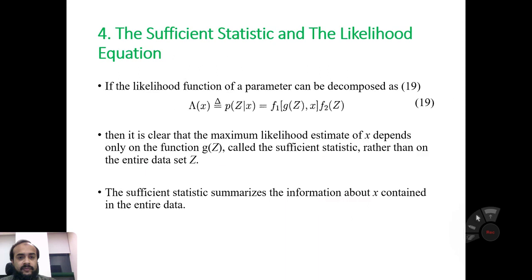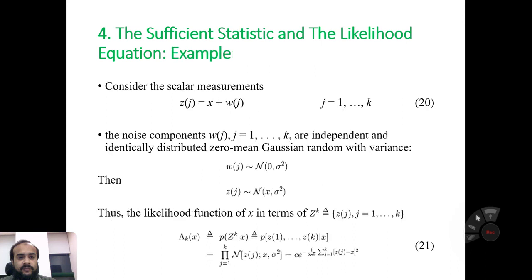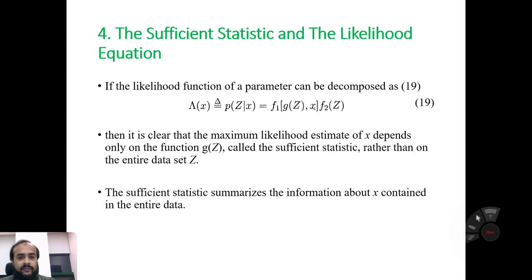Now the sufficient statistics and the likelihood equation. Suppose we decompose the likelihood function into two functions, f1 and f2, where f1 is a function of g of z and x, where g of z is any function of z, and f2 of z.